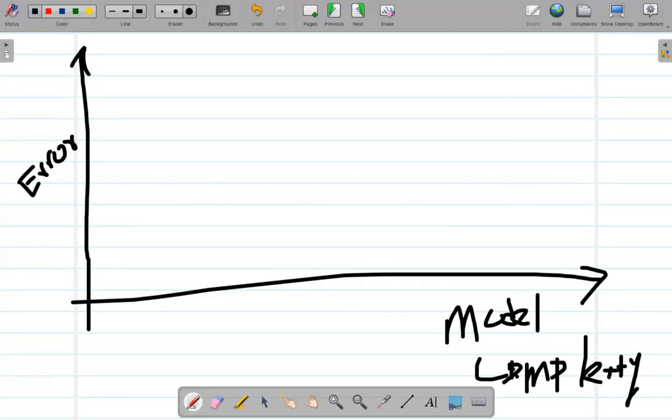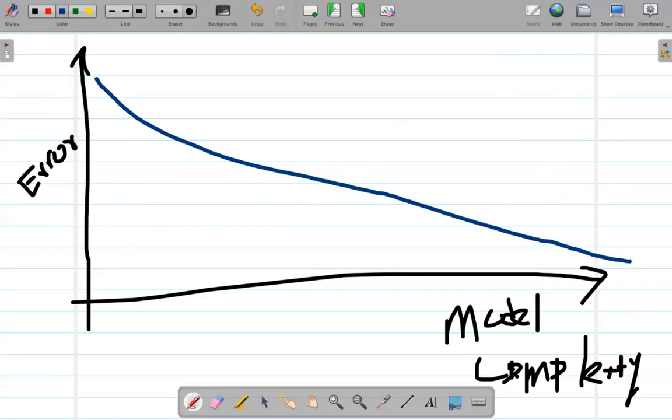So what is overfitting? Suppose this is the training error, TE, getting lower, getting decreased.